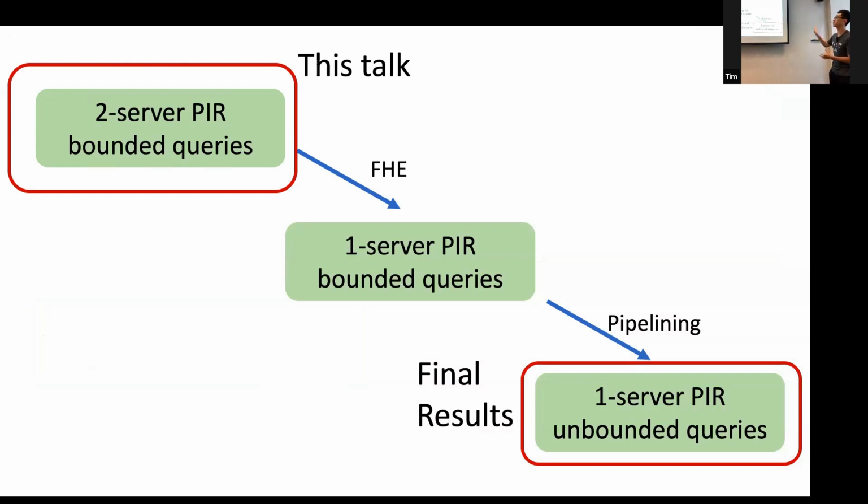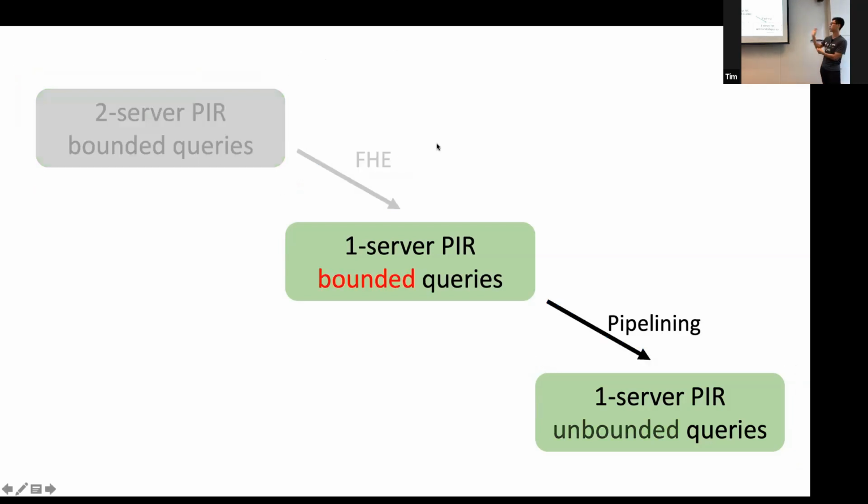In fact, the transformation from the two server PIR scheme with bounded queries to the one server PIR scheme that can support unbounded queries, I'm going to talk about briefly before we dive into the technical details. Okay, any questions so far? Okay, great.